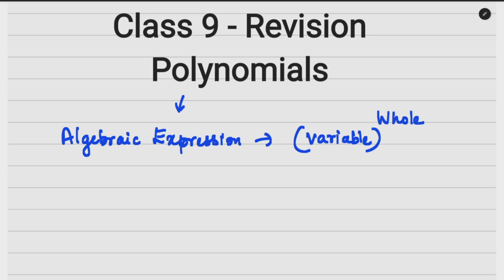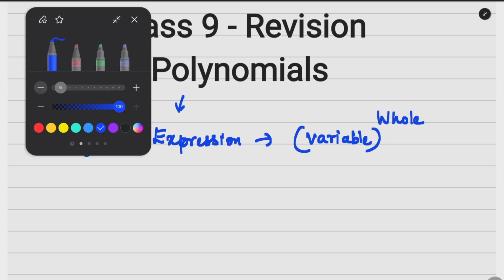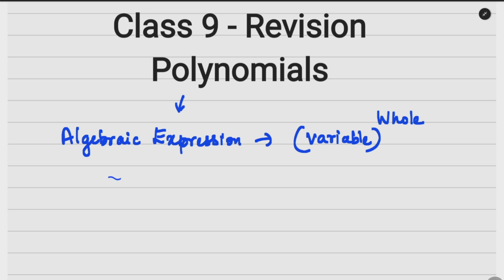Whenever you have a whole number as the power of a variable, then that algebraic expression is called a polynomial. For example, let me give you a couple of examples. Say 3x minus 4y plus 2. Is this a polynomial or not? The power of x is 1, the power of y is 1, right?